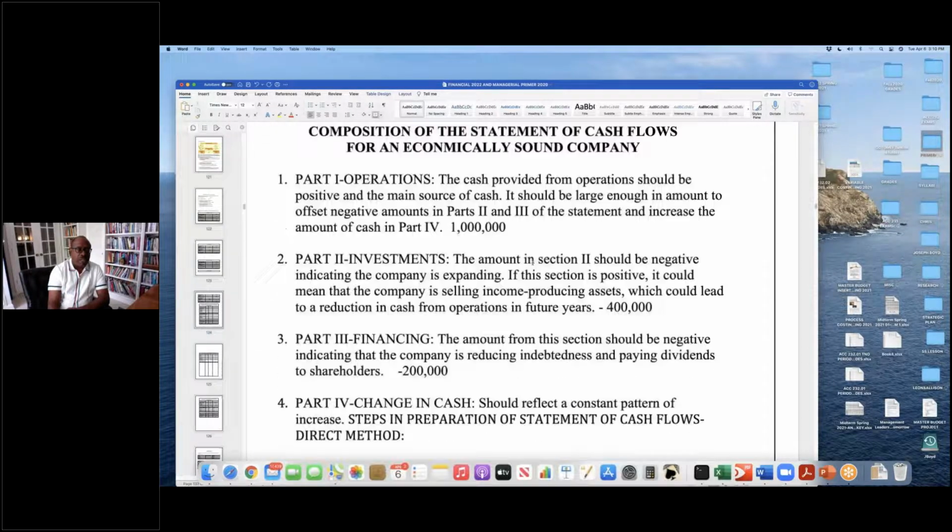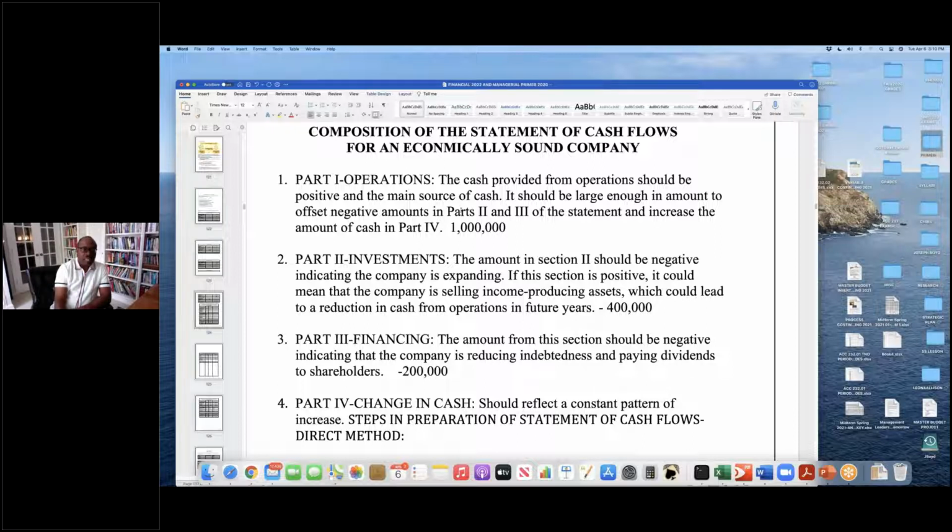And so there are four components of a cash flow statement: operations. That's where cash should be coming from operating the company. And you see here $1 million. We'd love to have $1 million here. Part two, we expand it. A company is doing better when it's expanding rather than contracting.